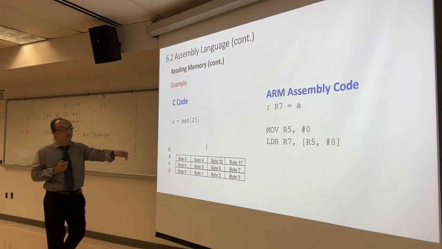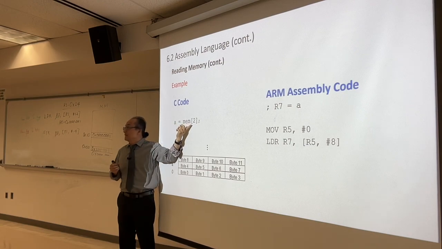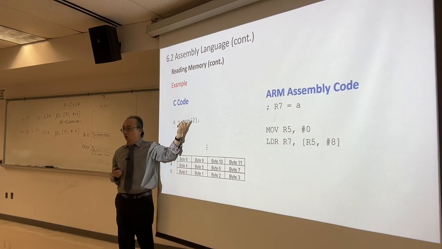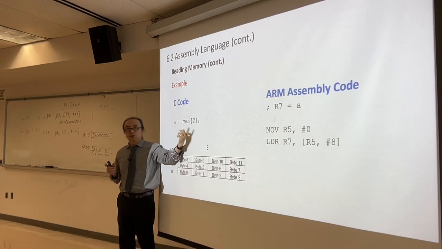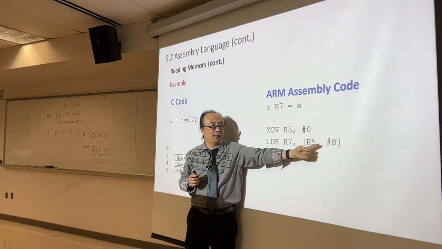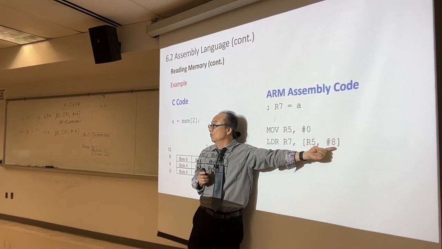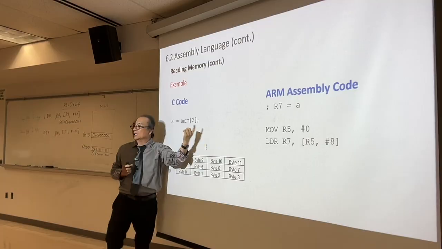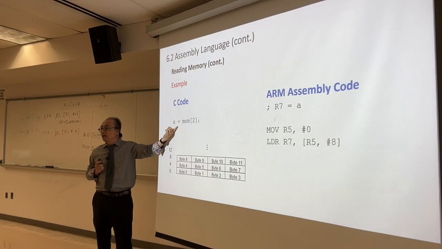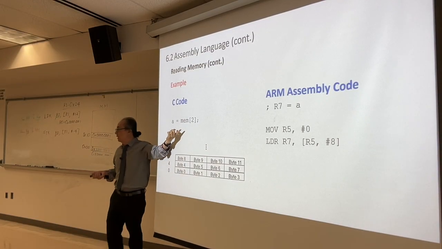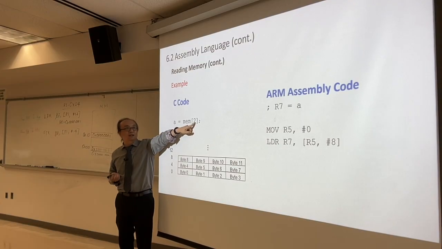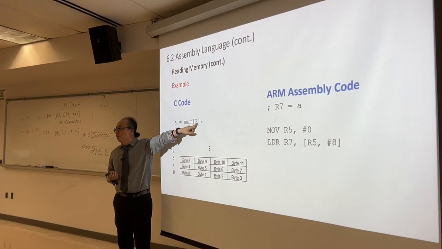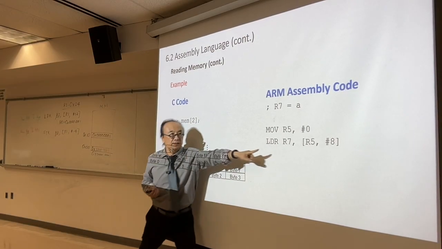So when you are given the C code, only C code, and you need to access the memory, then you need to multiply this by 4. In this instruction, you don't have to multiply it by 4.